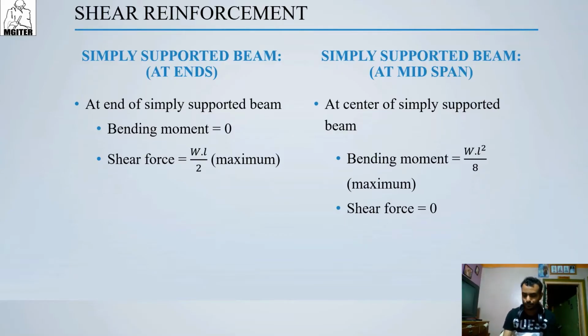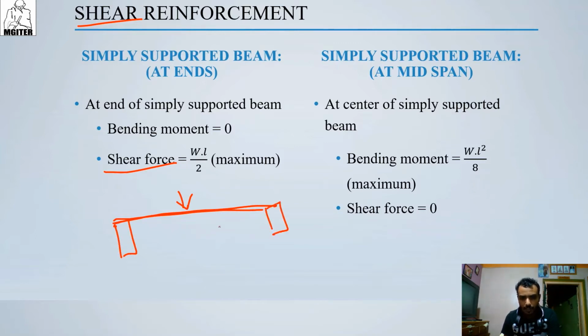What is shear reinforcement? Shear reinforcement is used to resist shear force. Shear force means a simple reaction on the structure. What type of reaction? If you see here, it's your beam, a one-line drawing, with a point load here, supported on columns.